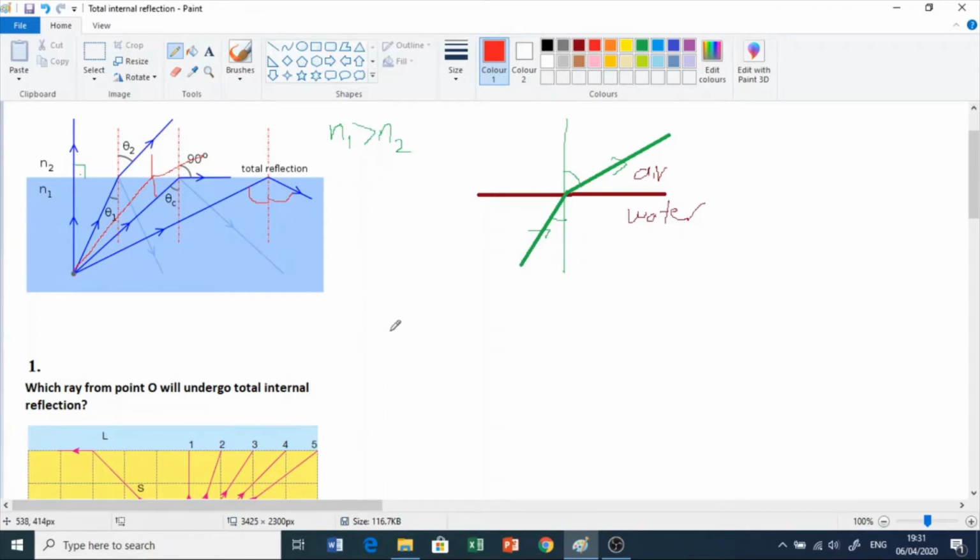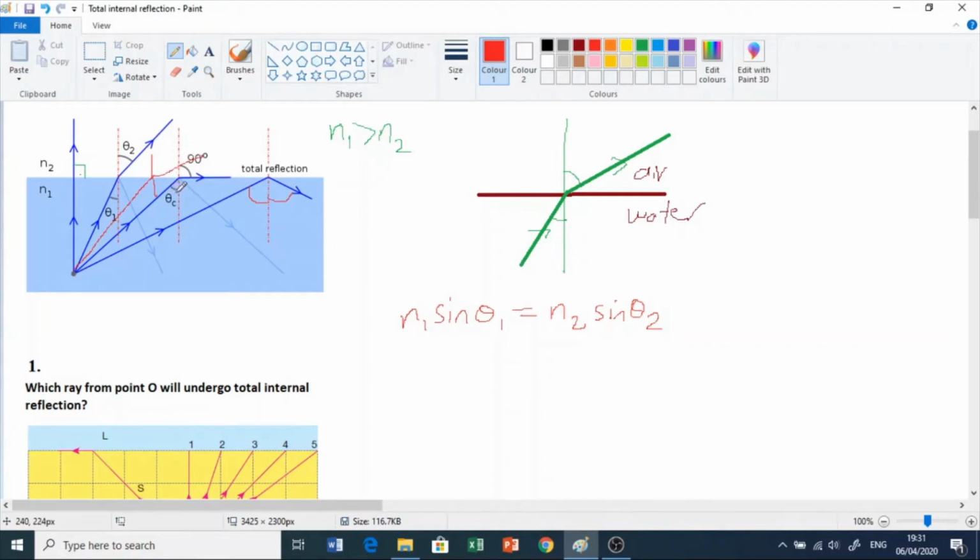Okay, we know that Snell's law is expressed as n1 sine theta 1 equals n2 sine theta 2. Let's find an equation for the critical angle. Let's apply Snell's law to this condition.